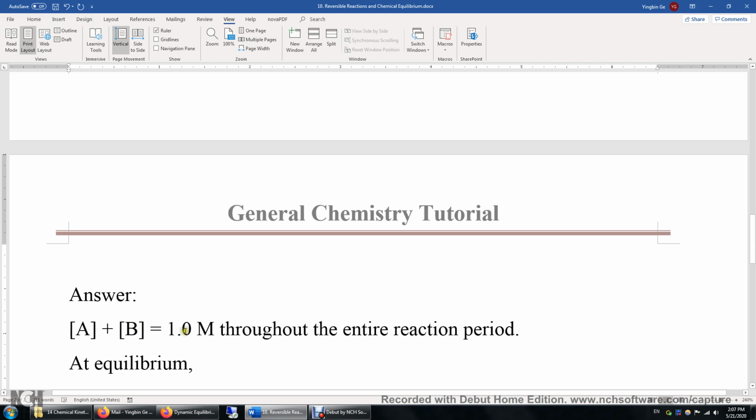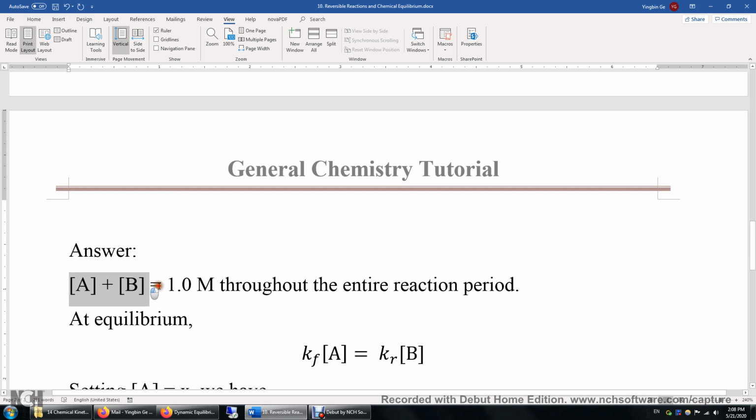Therefore, the initial sum is 1.0, so the sum of the concentrations of A and B remains unchanged. It's a constant 1.0 molar. But we have only one equation right now with two variables, A and B. So we need another equation.